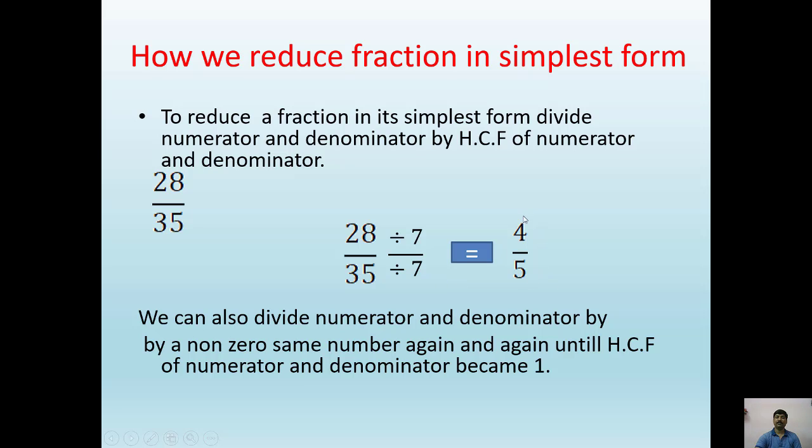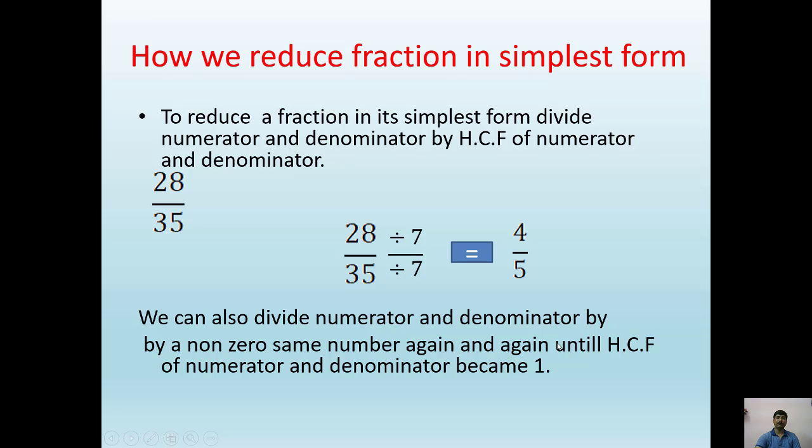When we divide 28 by 7, we get 4. When 35 is divided by 7, we get 5. So the new fraction will be 4 upon 5. The simplest form of 28 upon 35 will be 4 upon 5.